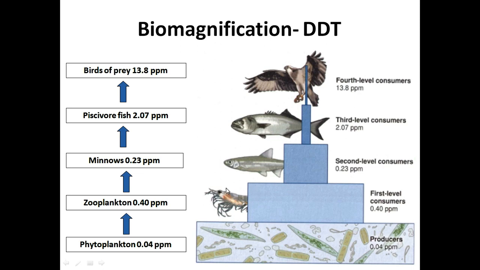Zooplankton have an elevated level of DDT compared to the phytoplankton level. And as you can see, once you ascend the food chain, the concentration increases, and finally there are very lethal concentrations in top carnivores and piscivorous fish.